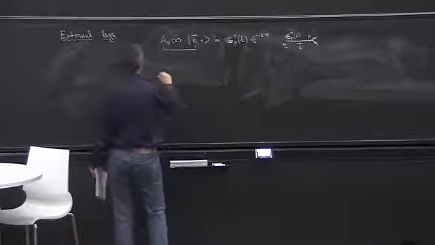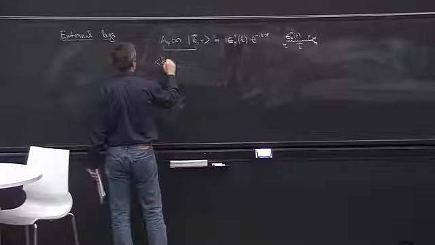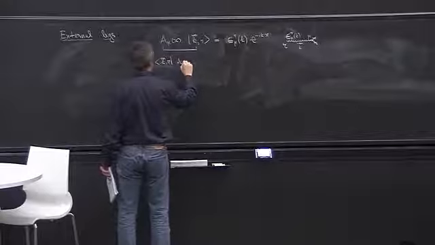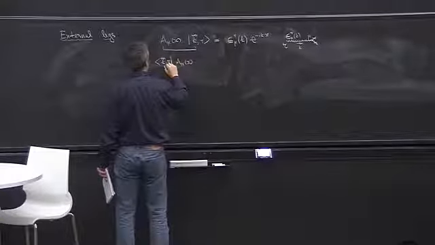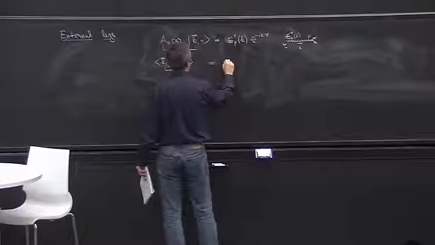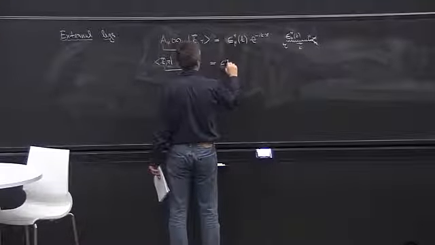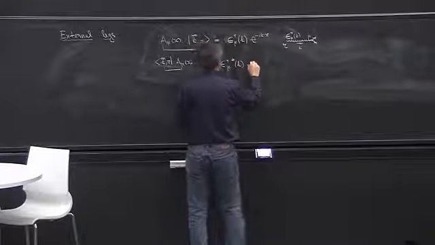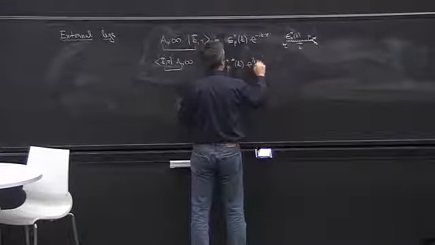So if we have a final state photon, then the contraction gives epsilon r mu complex conjugate e to the ikx.